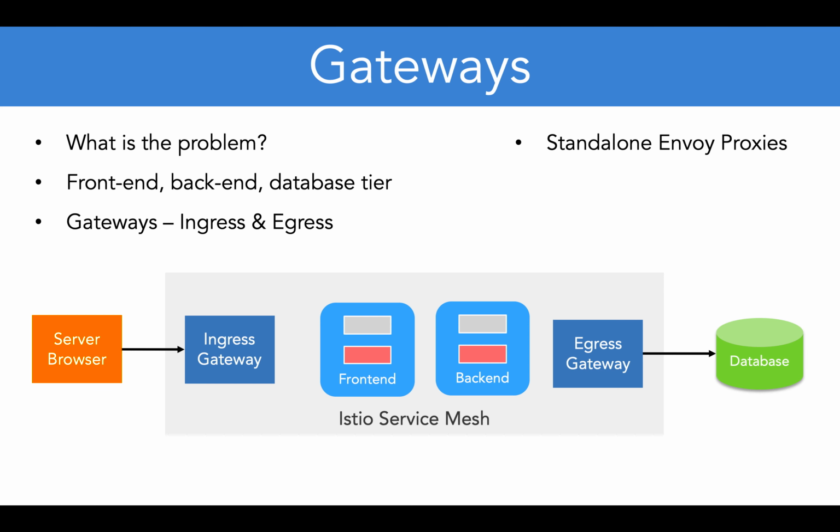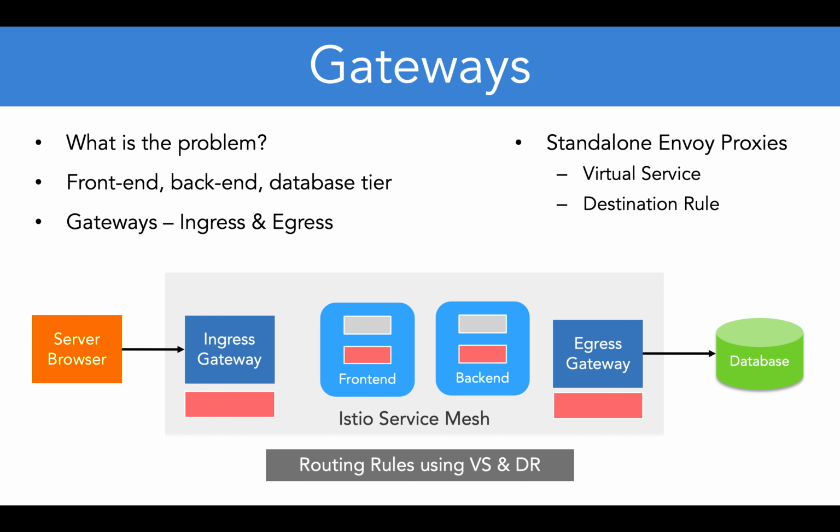Now these ingress and egress gateways are standalone envoy proxies. That means they are running as pods, and only one container is running, that is the Istio proxy or envoy proxy. Nothing else is running in these gateway containers. So these envoy proxies are facilitating us to provide these gateways. One is the incoming gateway and the other one is the outgoing gateway. Now the advantage of having envoy proxies is that we can create virtual service and destination rules and attach those routing rules to these envoy proxies.